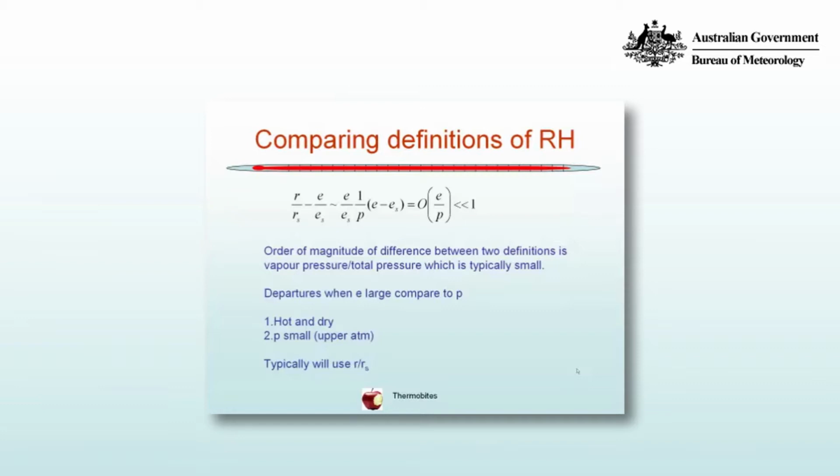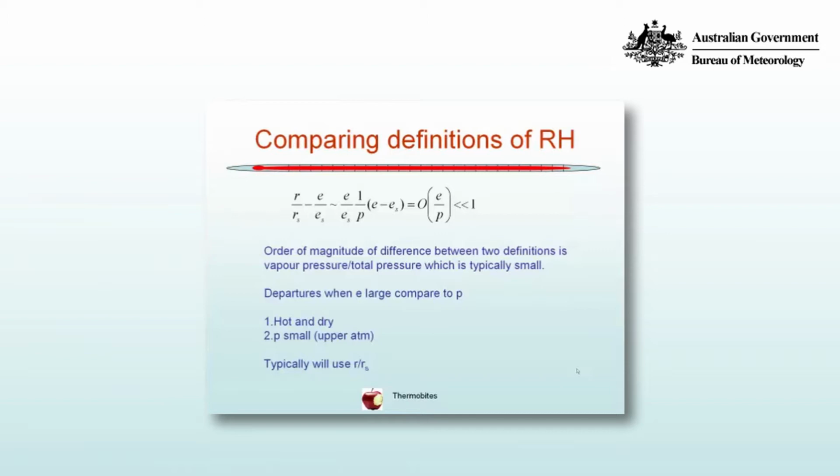So the difference between the two definitions of relative humidity, R on RS minus E on ES, is approximately E on ES multiplied by 1 on P by E minus ES.